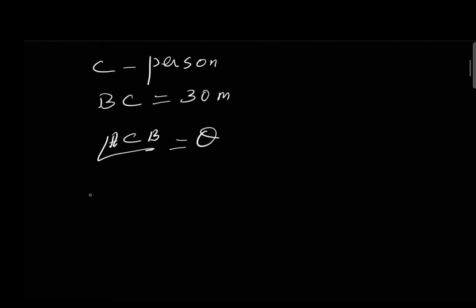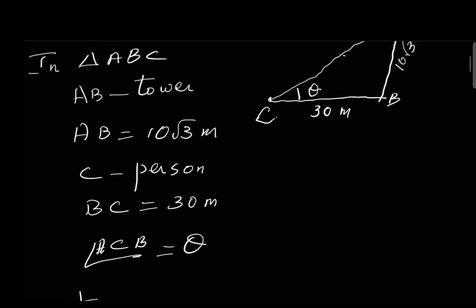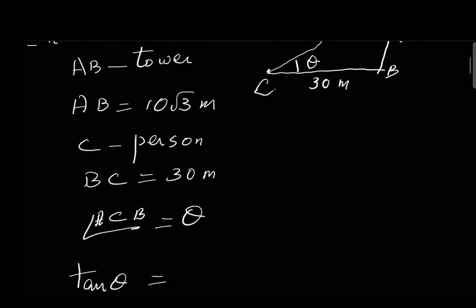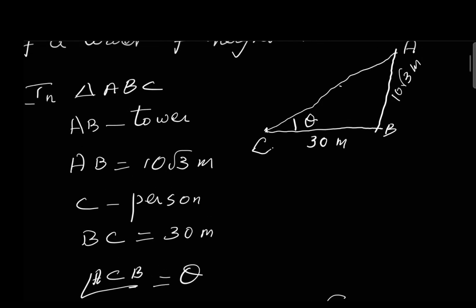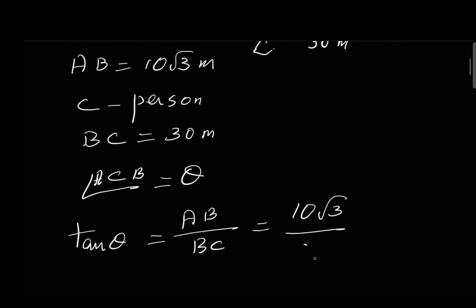So you mark it as tan theta. Tan theta is equal to opposite by adjacent. So opposite side is AB by BC. AB they have given us 10 root 3 divided by BC, which is 30.